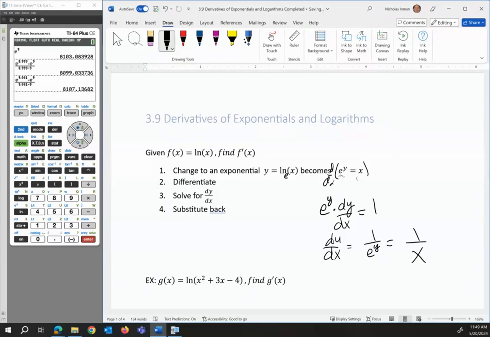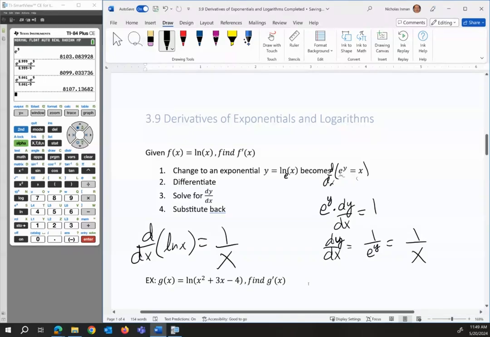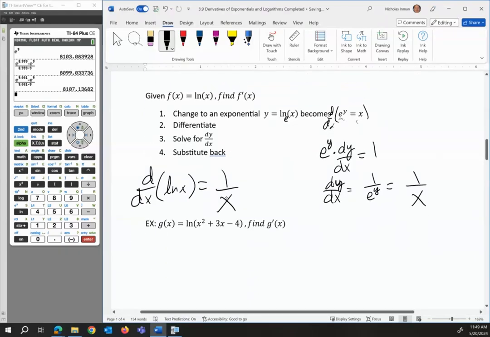So e to the y becomes x, and we have our answer. The derivative of natural log is 1 over x.